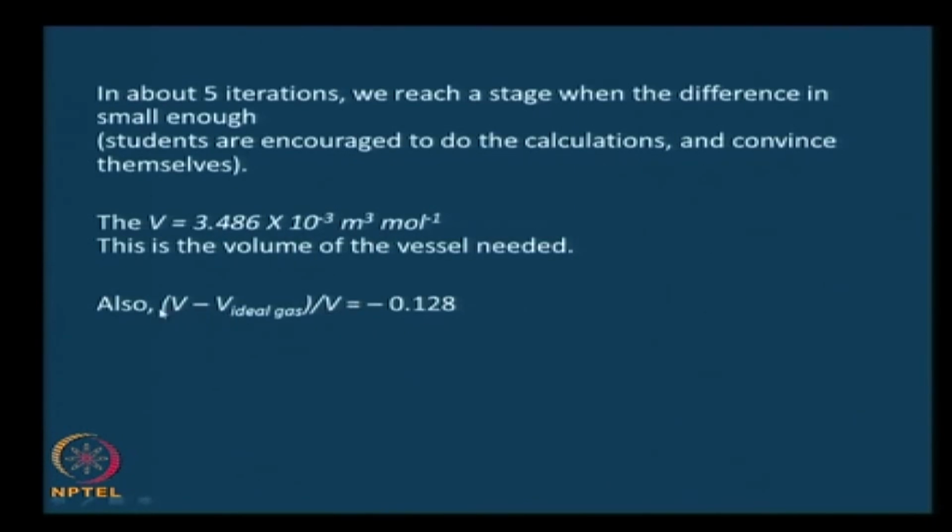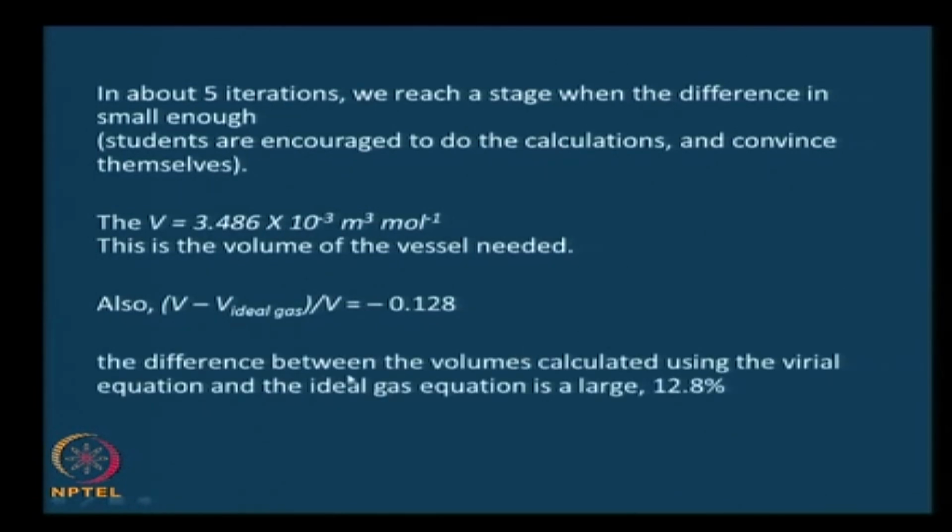We will do that in a little while. For now, V minus V ideal gas, the whole divided by the volume, will turn out to be minus 0.128, and therefore the difference between the volumes calculated using the virial equation and the ideal gas equation is large, about 13%, 12.8%. This you should keep in mind.